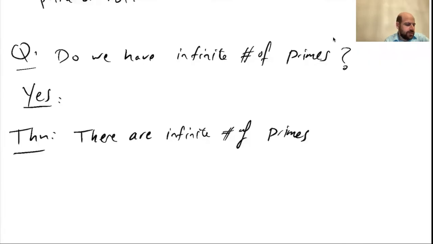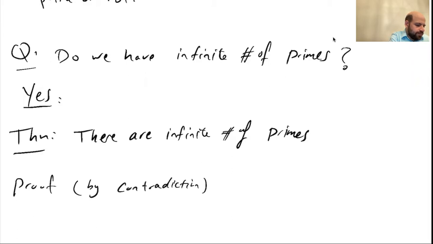So let's see how we can prove this theorem. Proof by contradiction. We want to show there are an infinite number of primes. In proof by contradiction, we have to assume that what we want to show is wrong. If what we want to show is wrong, then that means there are finitely many primes.